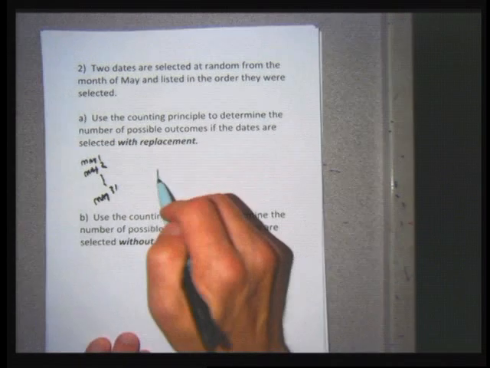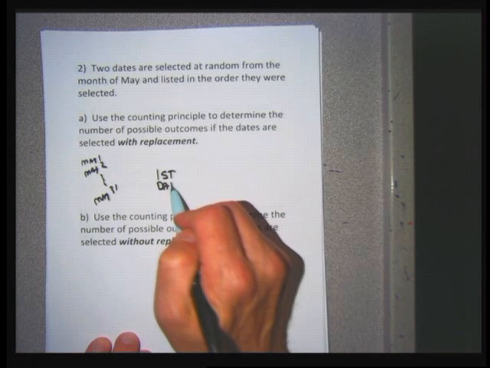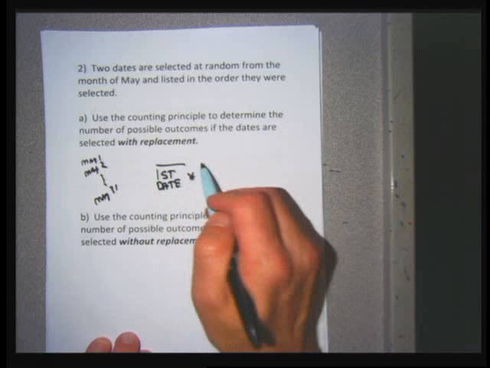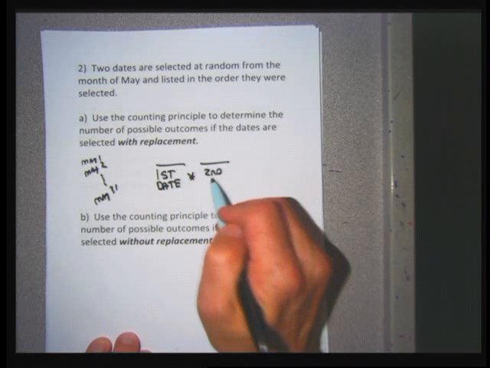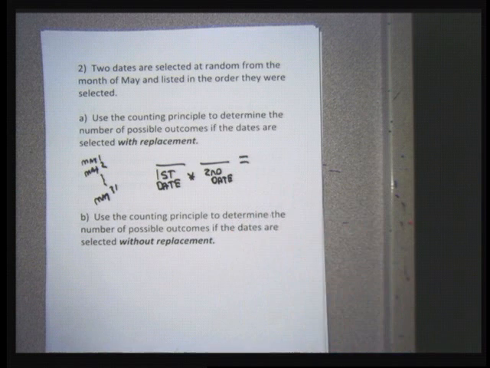So I'm going to use the counting principle, and I'm going to start to get a little bit slicker. The counting principle makes me create experiments, and my experiment is picking a 1st date for the 1st experiment, picking a second date for the second experiment.